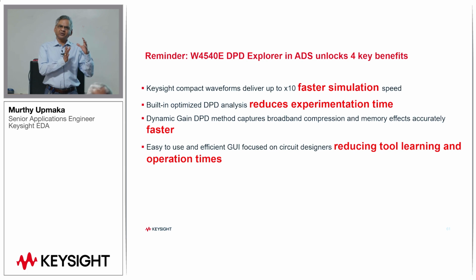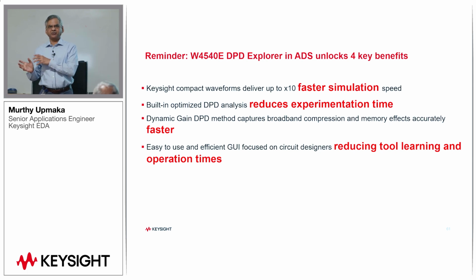But if you reduce the waveform at the input, but that has the same statistics as the 100 frames of the waveform, you're done. What we are interested in is a statistically correct waveform and compact. So there is another feature in this product that is what we call compact waveform. If you hit that, you will be able to run this DPD process much quicker.